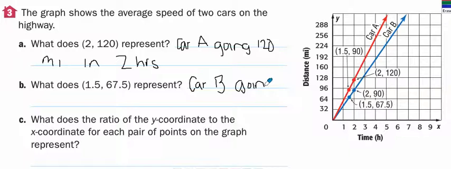So we'll write that here, car B going 67.5 miles in an hour and a half.